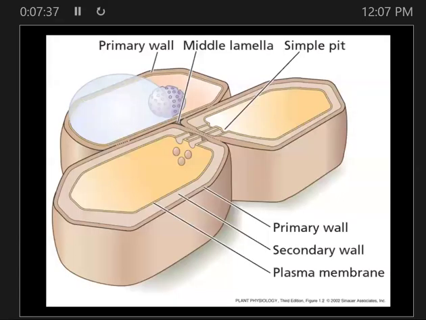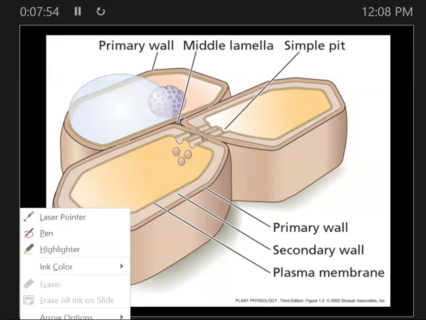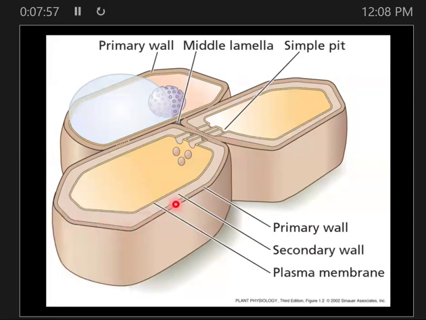Here's a mock-up of some neighboring cells. So we see the primary cell wall is the thinner, darker brown cell wall. And then you can see that these cells up in the foreground have a secondary cell wall.